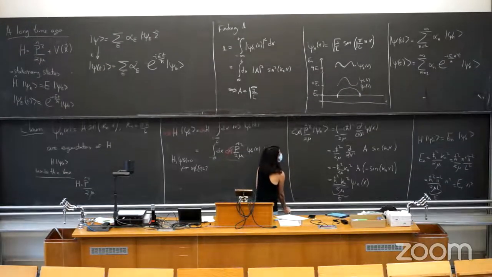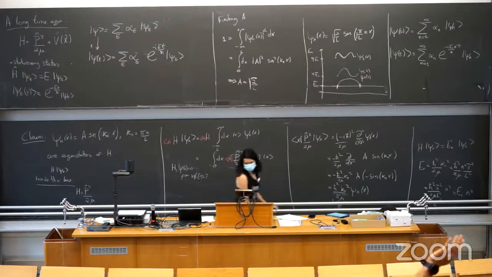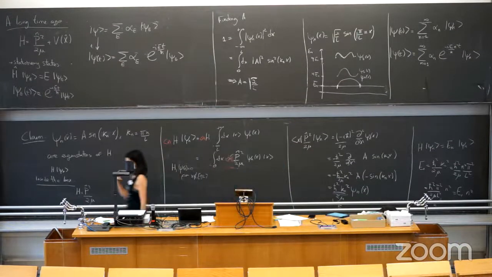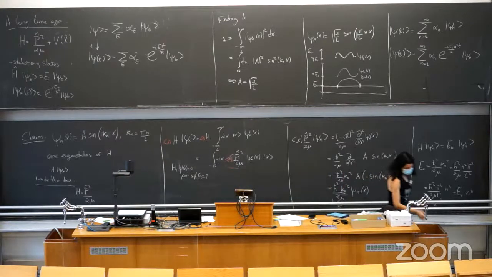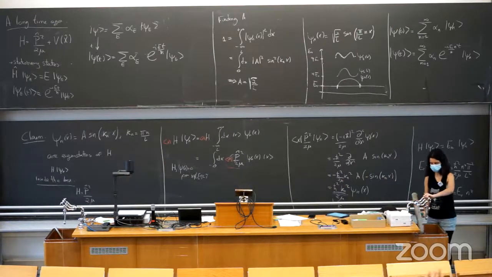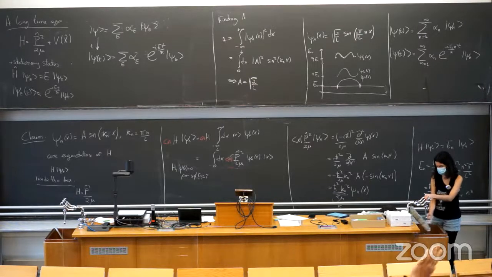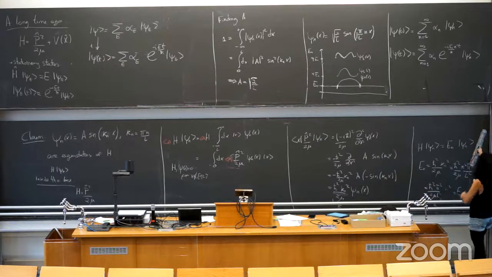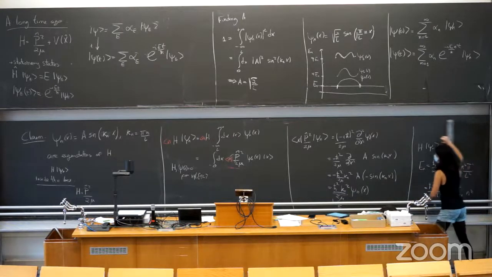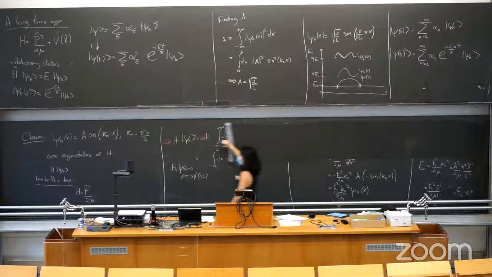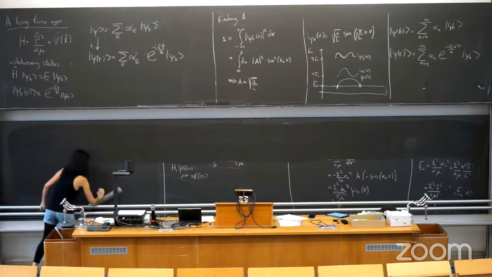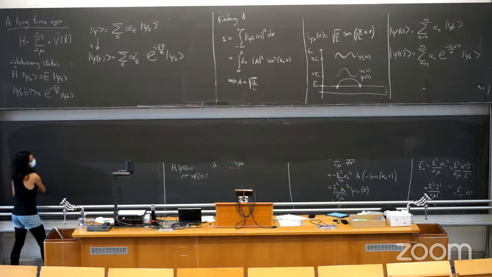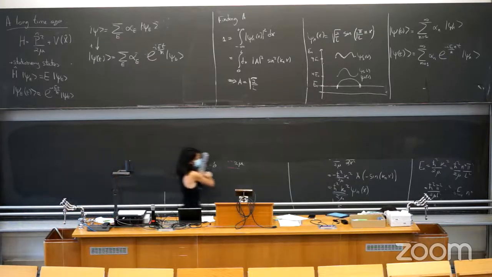So now it's similar to when we did this example of a spin rotating. We're going to start in a superposition of the first two. We're going to prepare my little particle in a superposition of the first two energy eigenstates and see what happens to it.